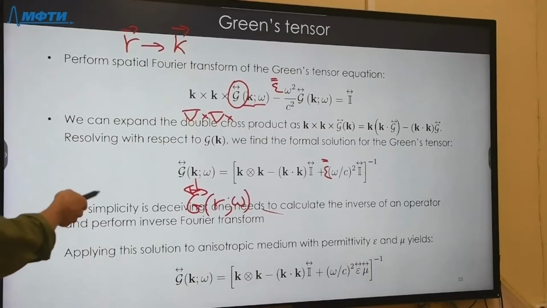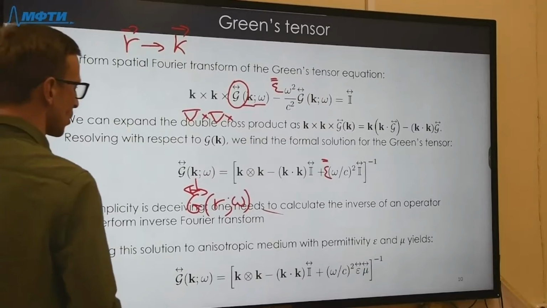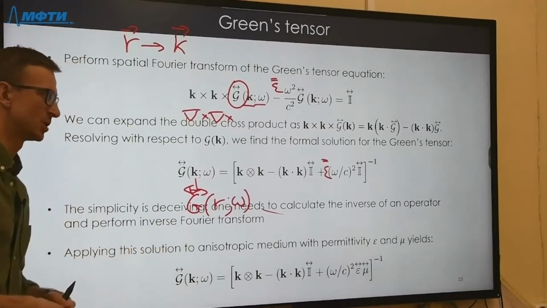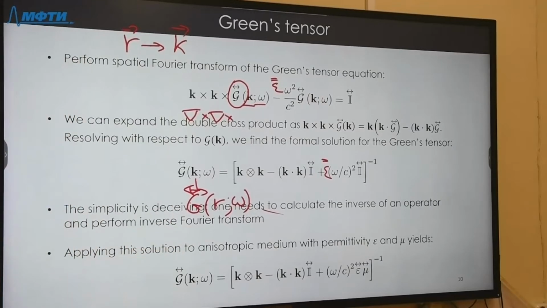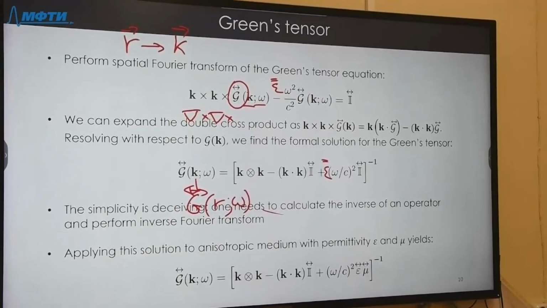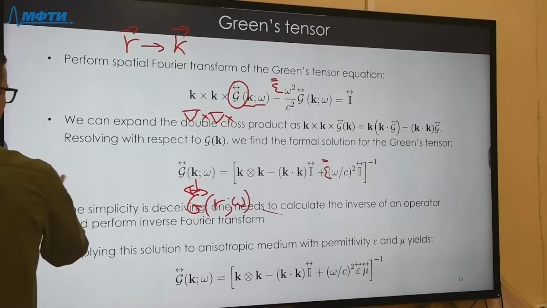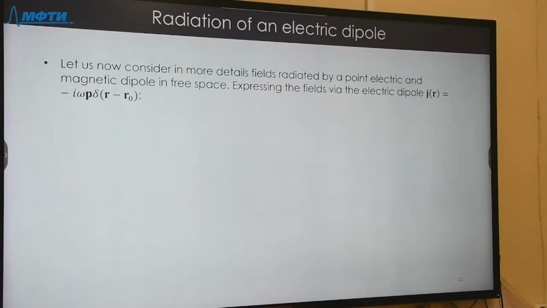So at least this offers some way of addressing the problem of radiation in anisotropic media. And from what I remember, this is how it's usually done in practice, solving the radiation problem with anisotropic media.